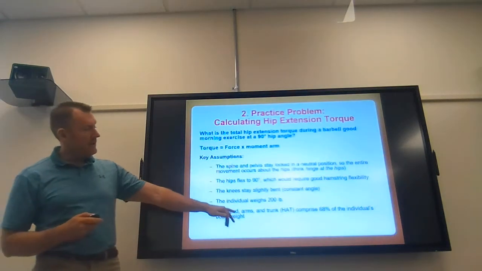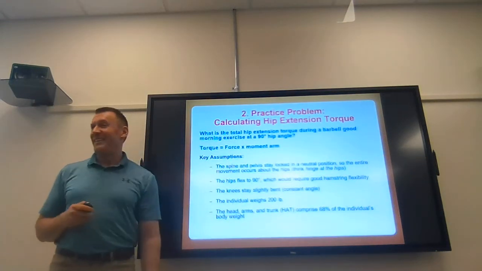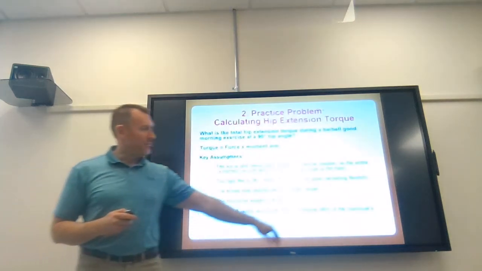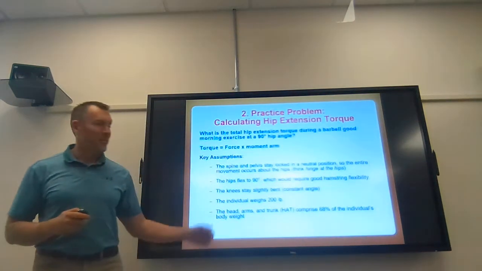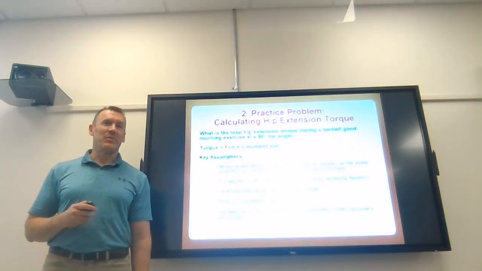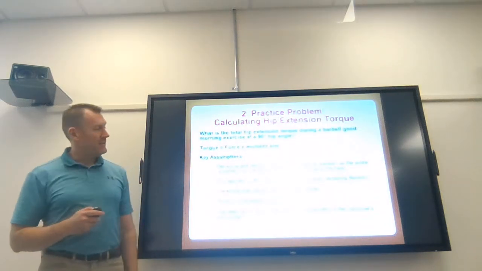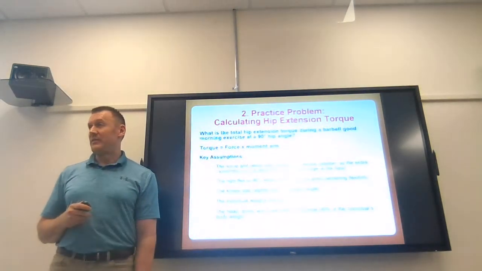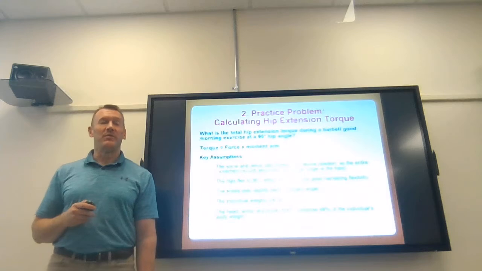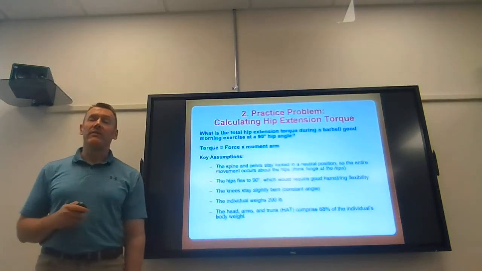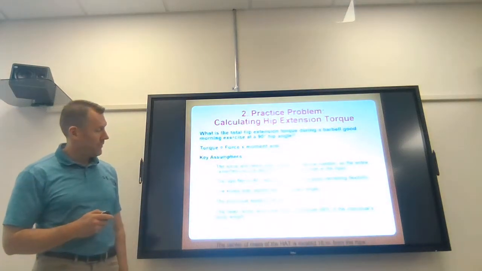The head, arms, and trunk comprise 68% of your weight, so that's how much weight we're lifting, a fraction of 200 pounds. 68% of 200 pounds is the combined weight of the head, arms, and trunk.